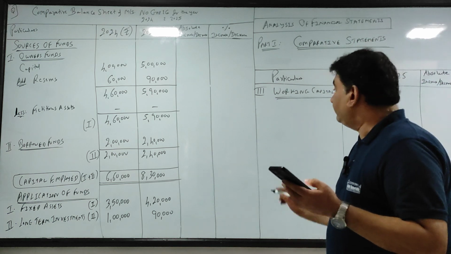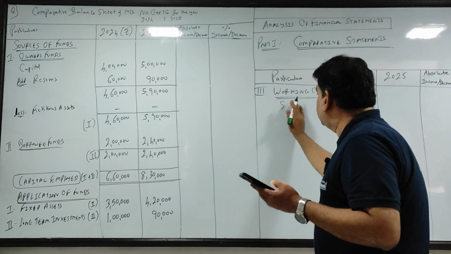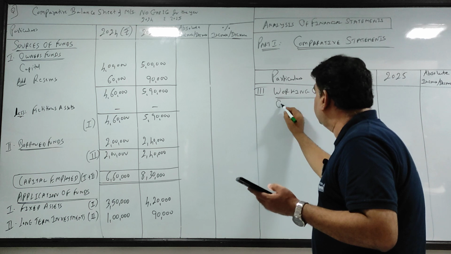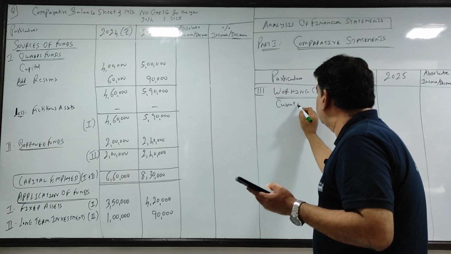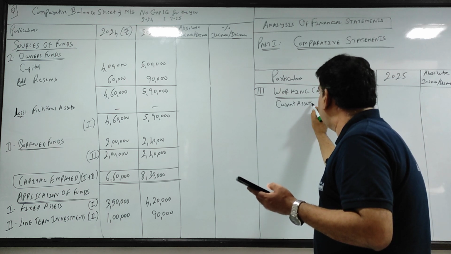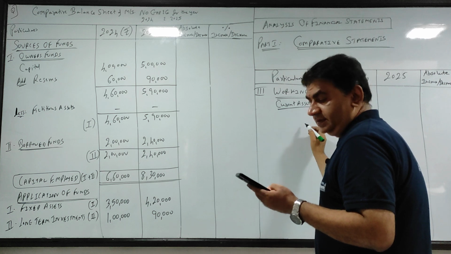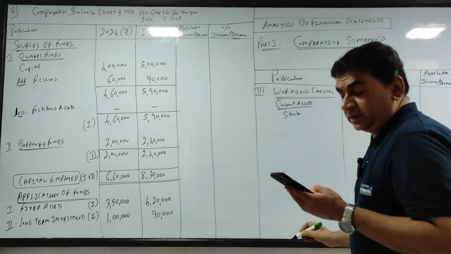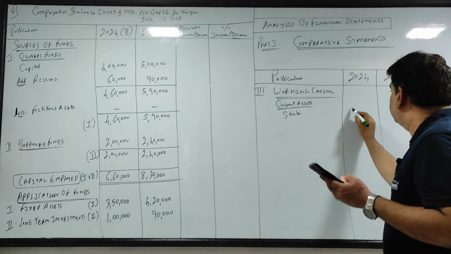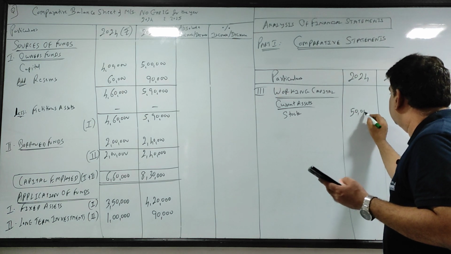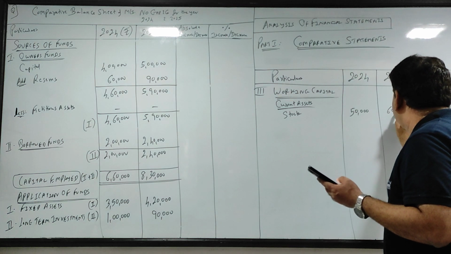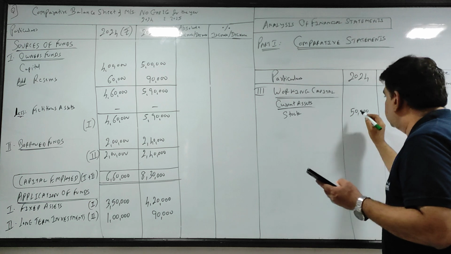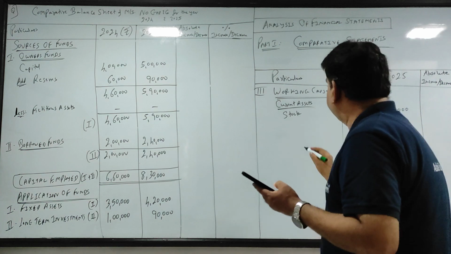So take all of them one below the other. First give the heading, current assets. Stock: 50,000, 60,000.